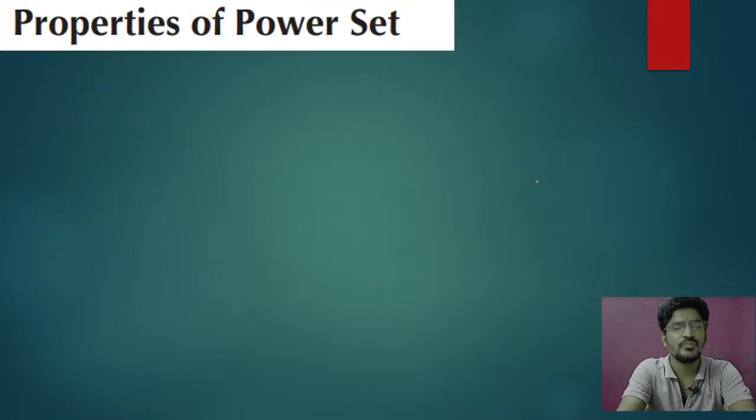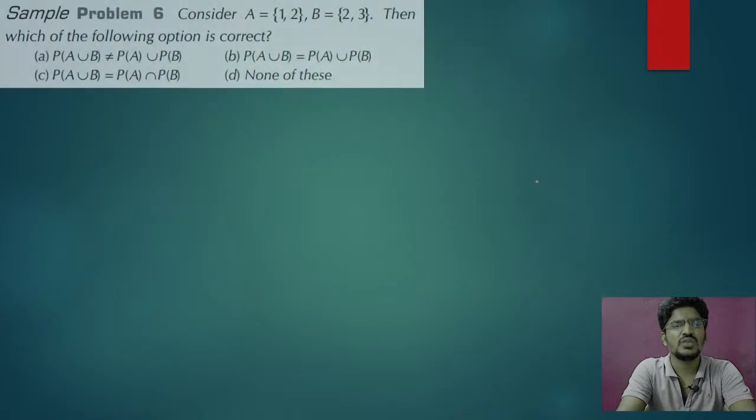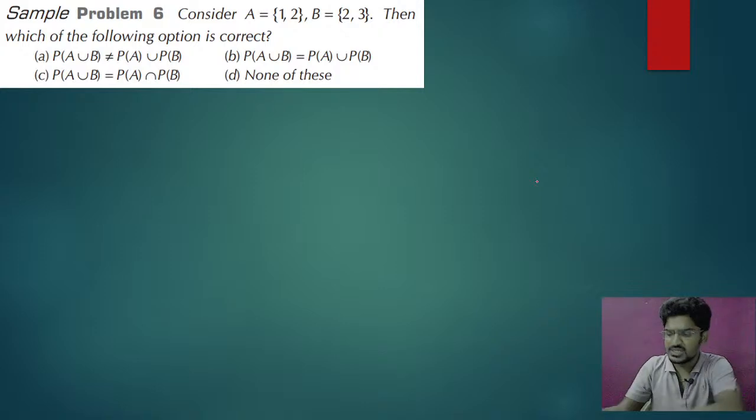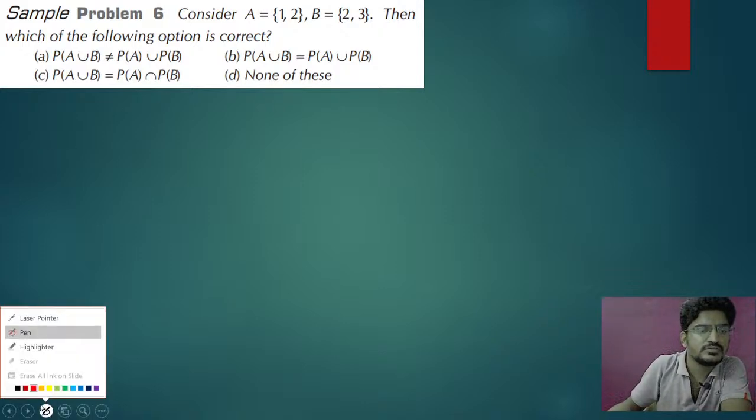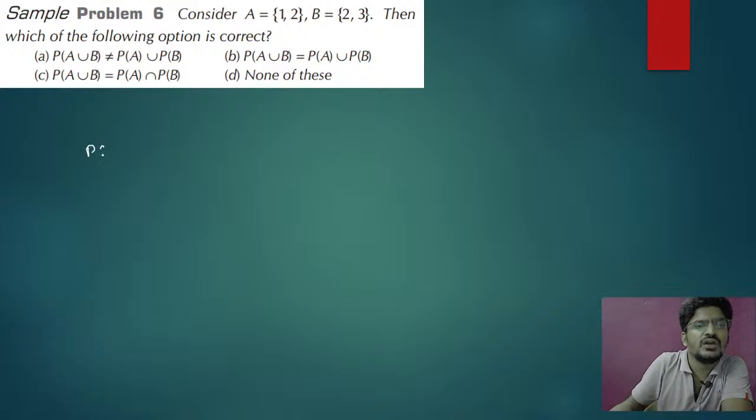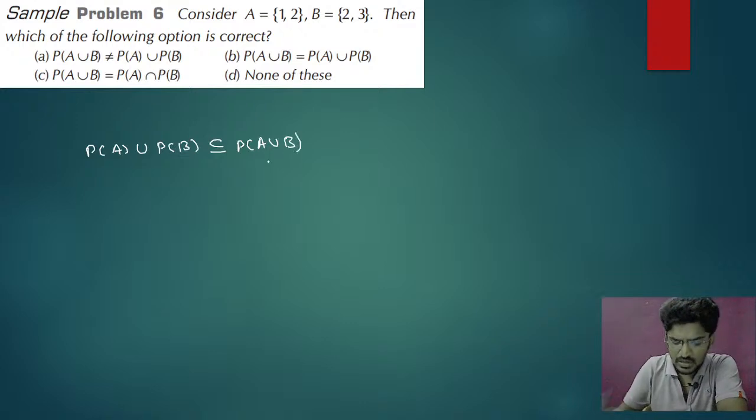No problem. So here you remember the properties of the power set, that is P of A union P of B is a subset of P of A union B. Clear?